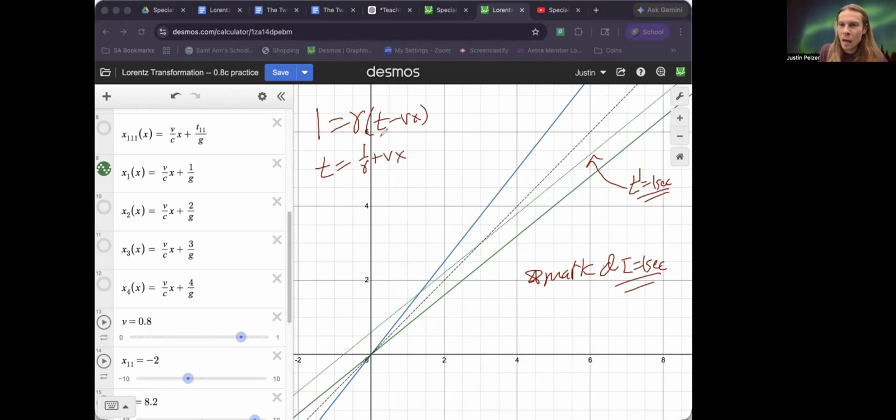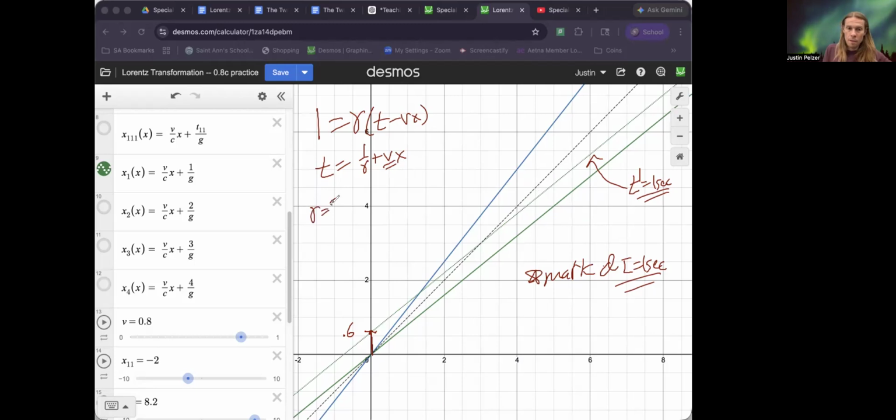It's pretty easy algebra there. 1 over gamma, right, plus Vx is going to give us this line right here. And you'll notice that that 1 over gamma is 3/5, which is 0.6. Indeed, that is 0.6. And we're doing a slope of 4/5 because that's V. V is 4/5. Remember, gamma is 5/3.